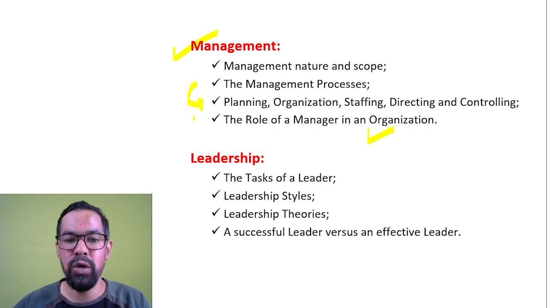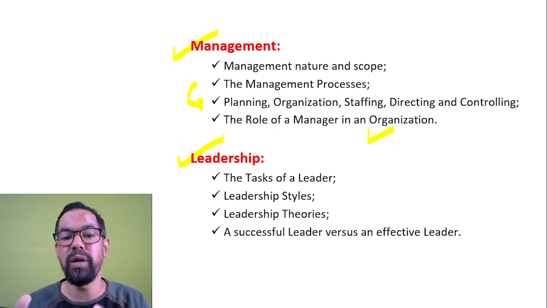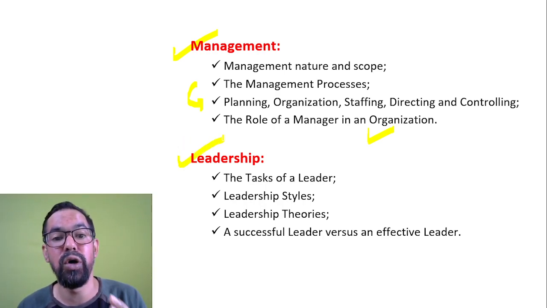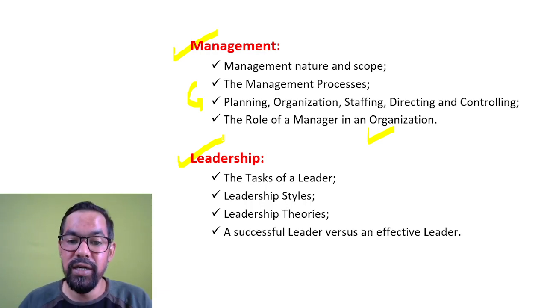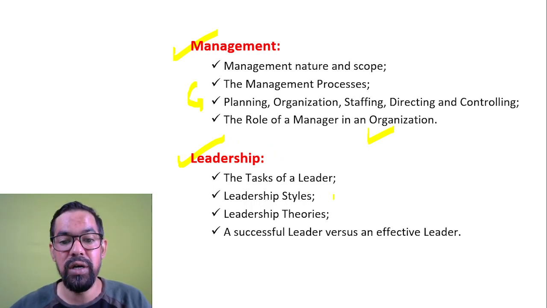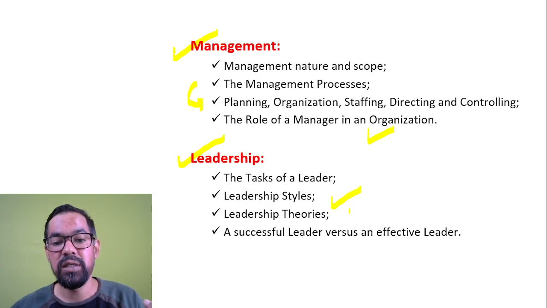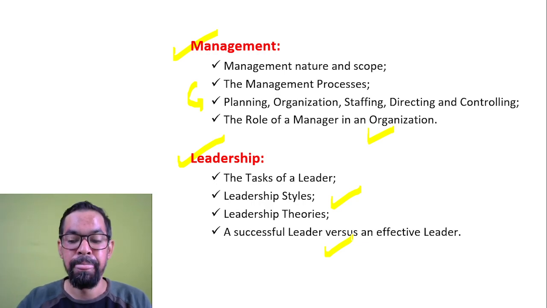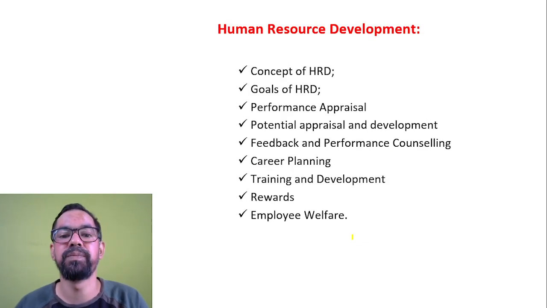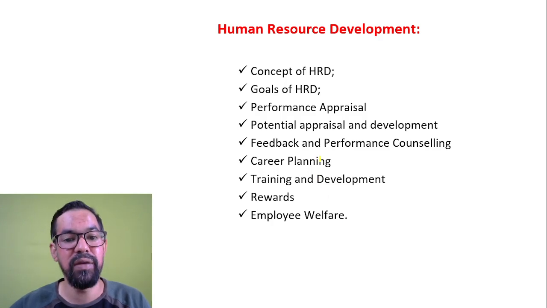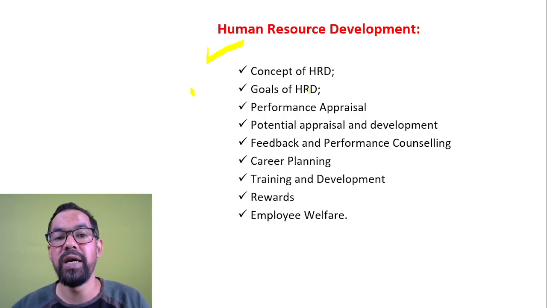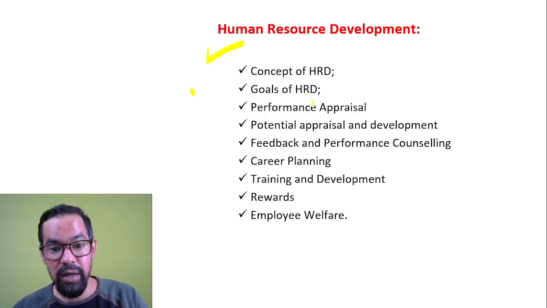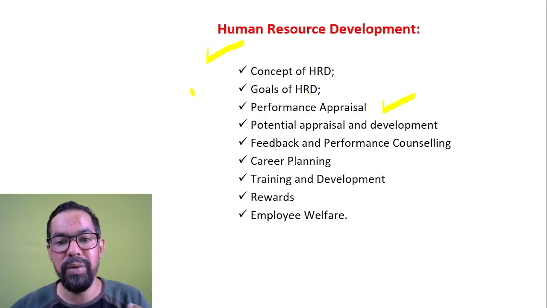Apart from the basics of management, you'll have leadership and motivation. These two are very important topics for your RBI grade B. So leadership: different leadership theories, different styles, task, or other concepts about leaders. Then next we have HRD. HRD again is a very important topic for your RBI grade B. So the concept of HRD, goal, HRD related theories, performance appraisal.